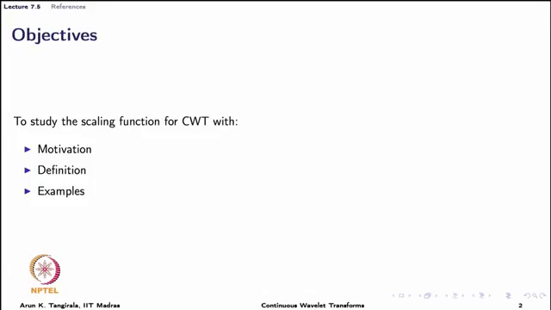purpose of this lecture is to lay foundations for what we shall see as multi-resolution analysis in the context of discrete wavelet transform. So, the specific objectives of this lecture is to study the scaling function for continuous wavelet transform. As I said, there is another concept called scaling function in discrete wavelet transform as well, specifically in multi-resolution analysis, which shares a strong similarity with the one in CWT.